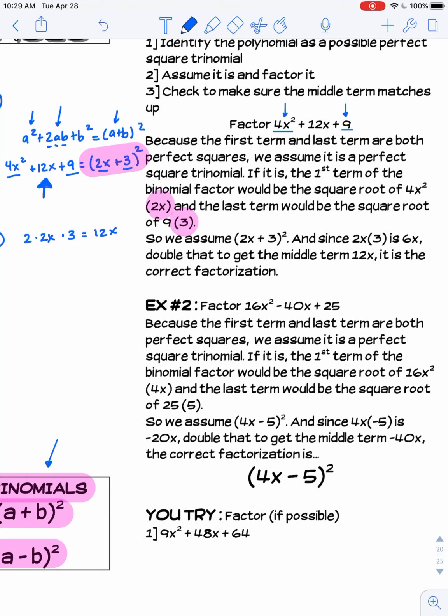Okay. Let's do another example just to kind of see how things work. Example 2. Factor 16x squared minus 40x plus 25. We can use the box method here, but we want to see if the shortcut works. So a squared. Now this one has a minus in the middle.